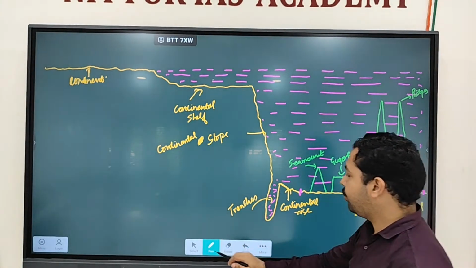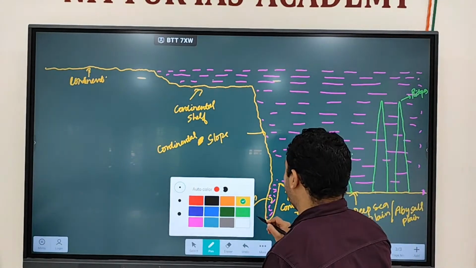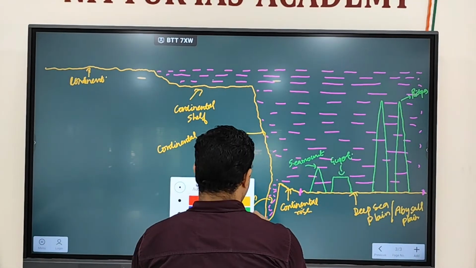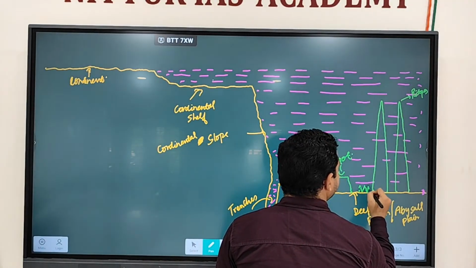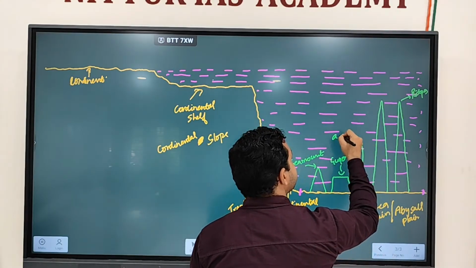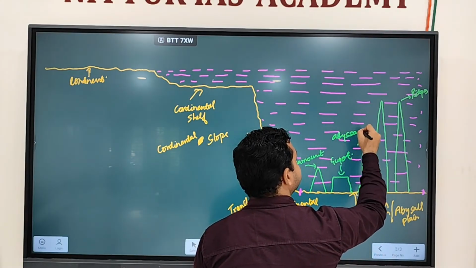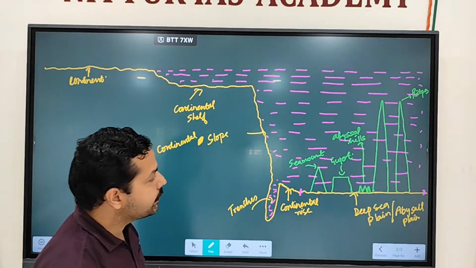You also have another thing. These are referred to as your abyssal hills.